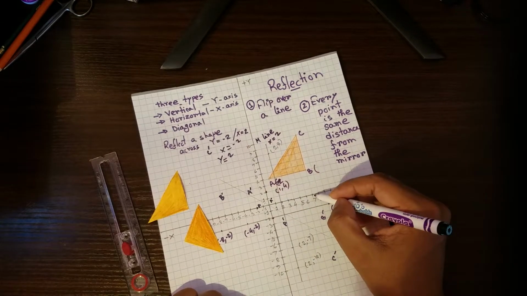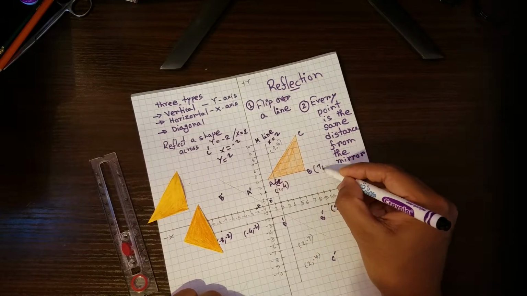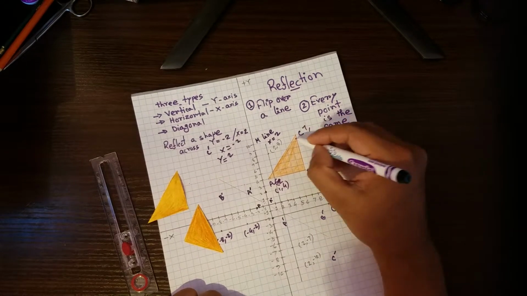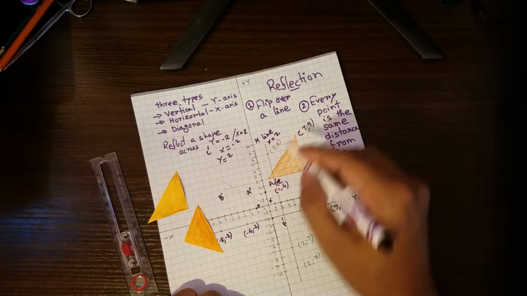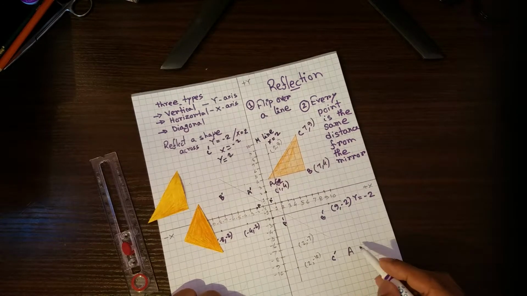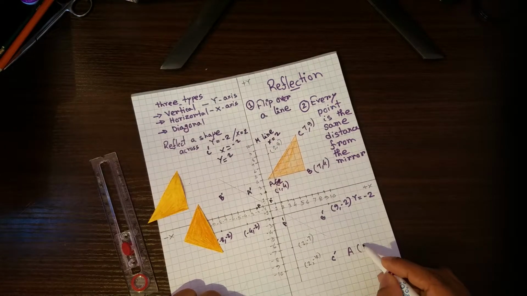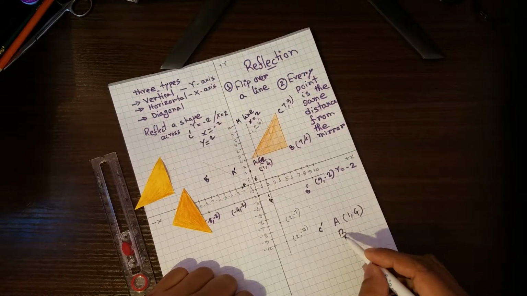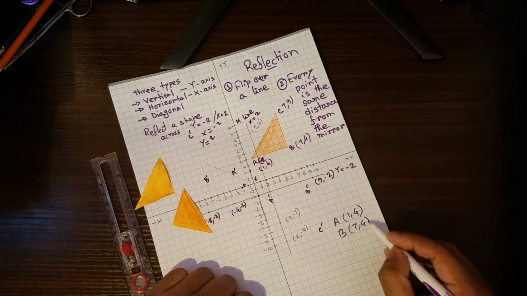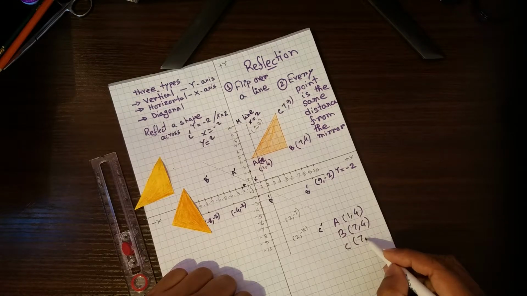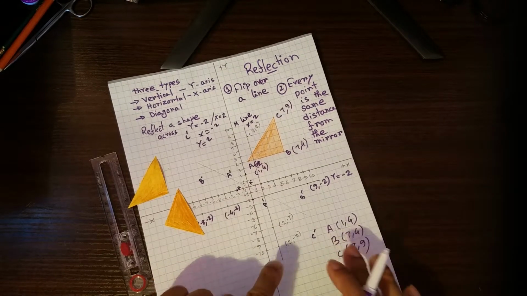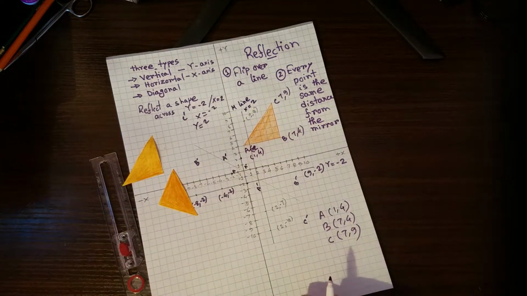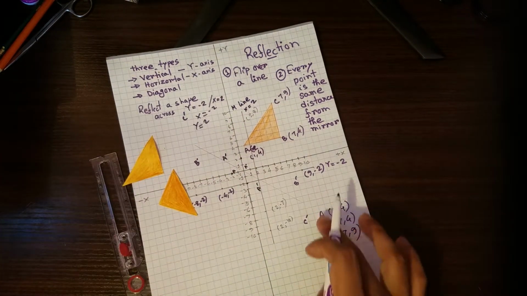Your B is 7 and 4, and your C is 7 and 9. So you'll be told that, okay, we have a shape A 1, 4, B 7, 4, and C is 7, 9. Okay, you'll not be given the shape or the graph. You'll just be given these 3 points.